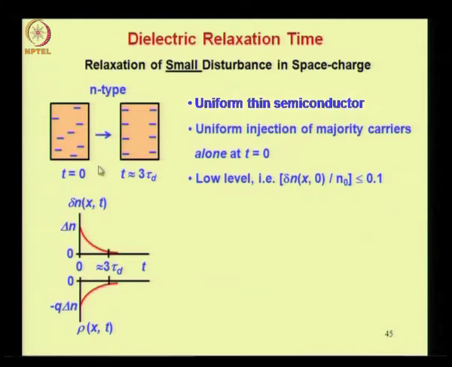So in terms of graphs, what we shall observe is the excess electron concentration decays to 0, the volume concentration decays to 0, it is converting into surface concentration, but volume concentration goes to 0 in a time that is about 3 times the time constant, namely the dielectric relaxation time, or the space charge decays to 0 in the same time.